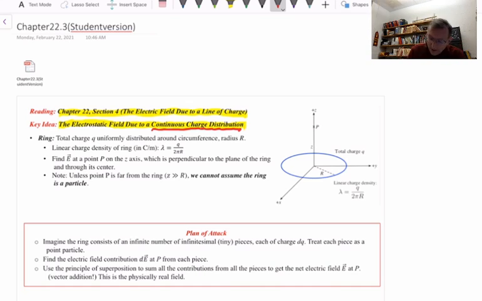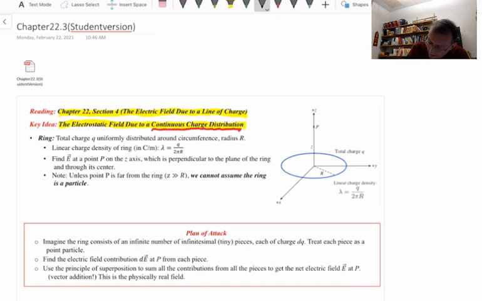But let's be clear what we're going to start with so that we know exactly what we want to do. We're going to take an object that's a circle or a ring, okay? And it's drawn in this picture as a blue circle. And any ring or circle has some radius.